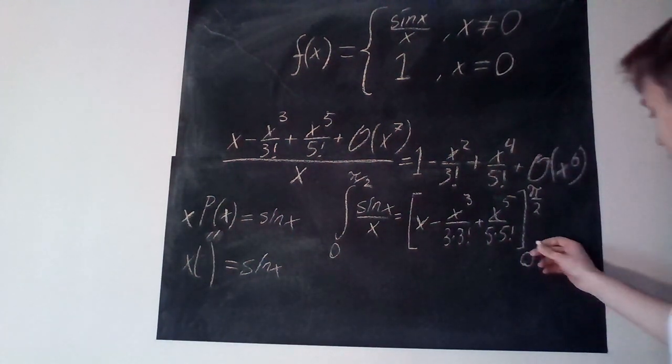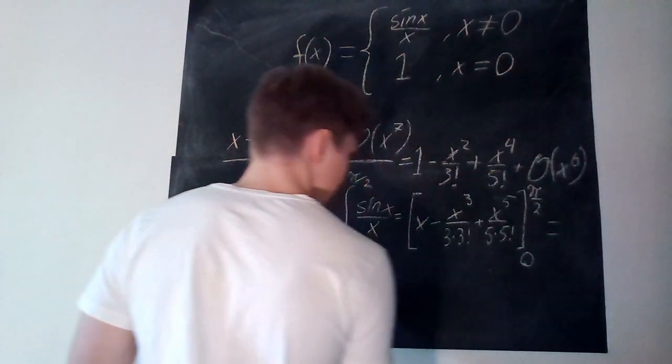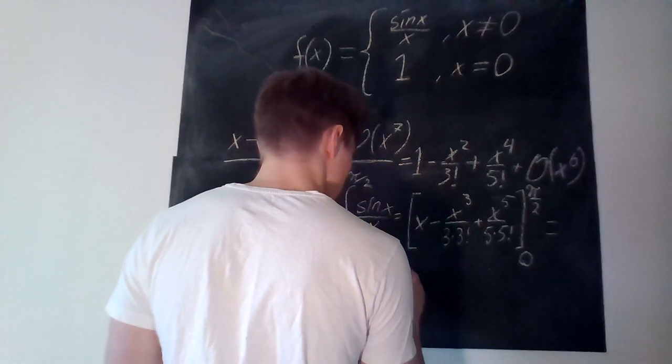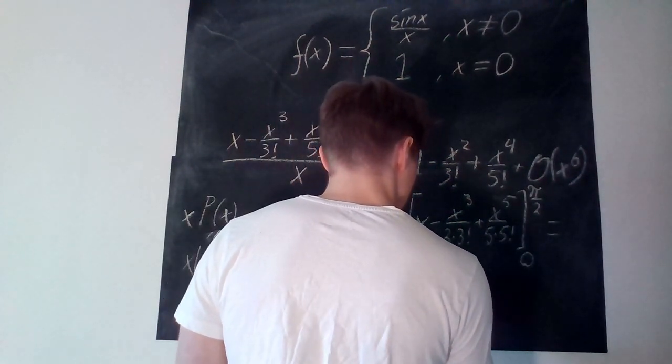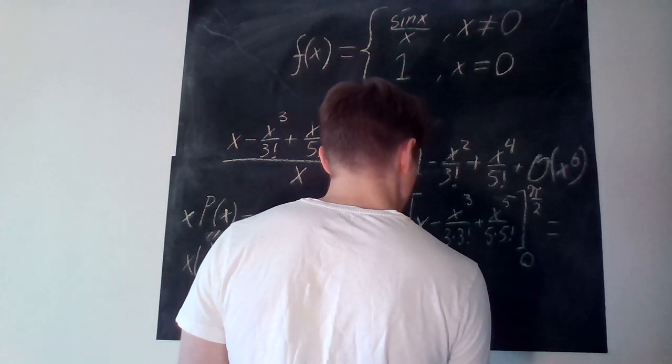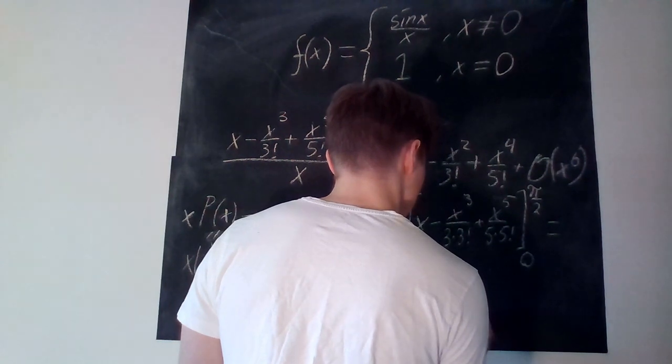And then of course it's 0 when you plug in 0. So then we would just plug in pi over 2 everywhere, so that we get pi over 2 minus (pi over 2) to the power of 3 over 3 times 3 factorial.